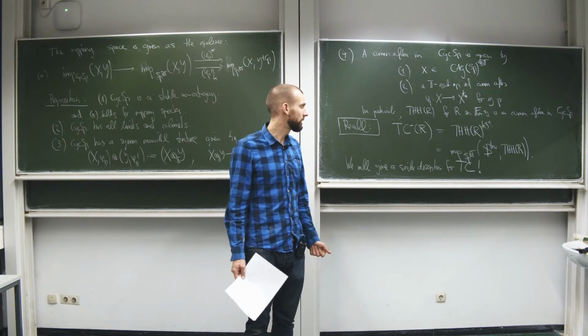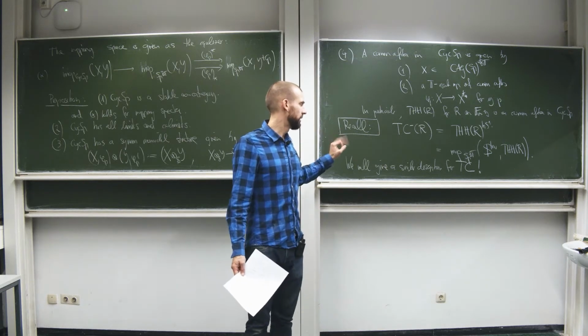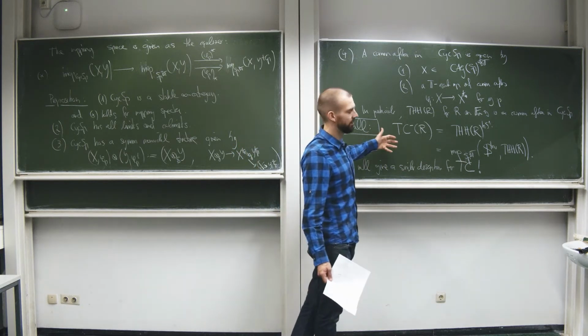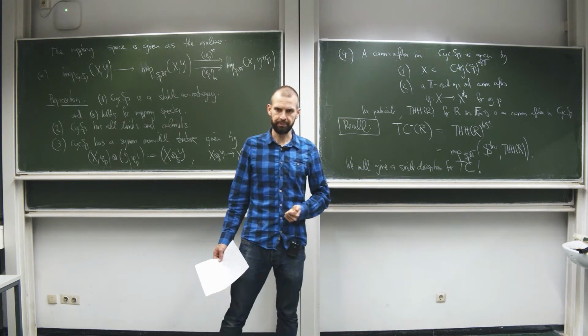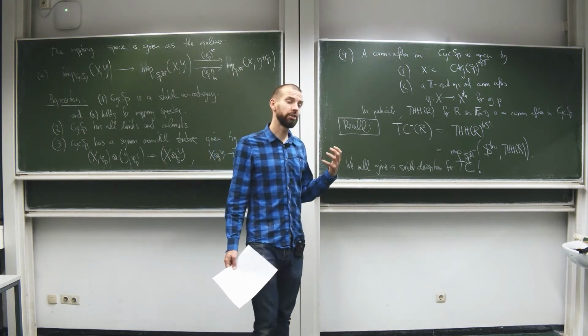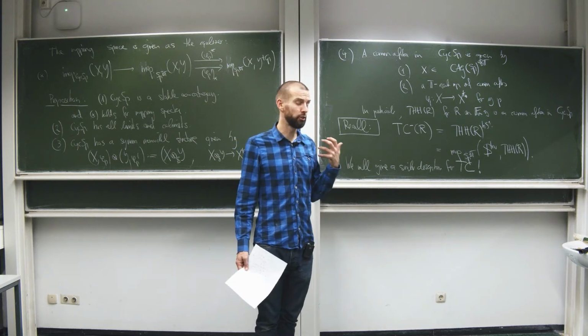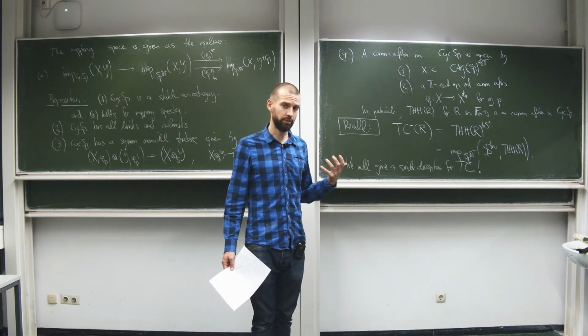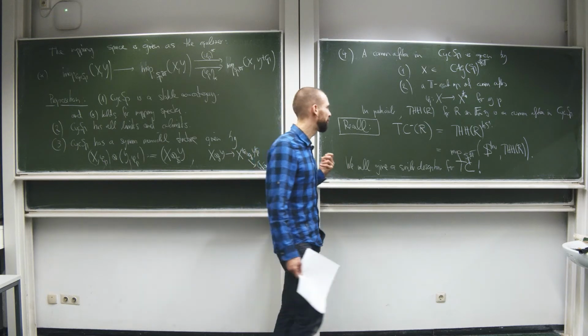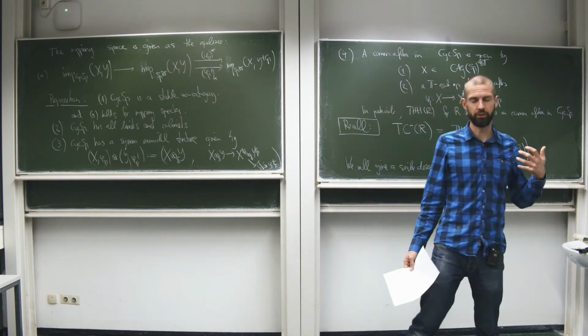And as such, it is a literal generalization of TC minus or HC minus. In this course I haven't talked about cyclic homology, and the reason is that topological cyclic homology is not a generalization of cyclic homology. It's rather a refinement of negative cyclic homology.